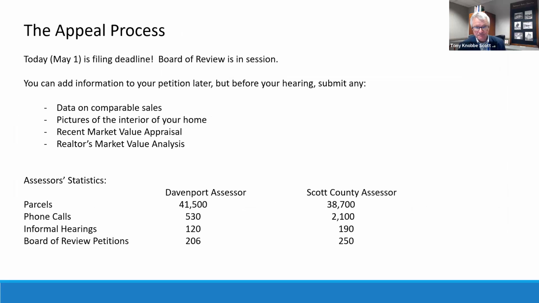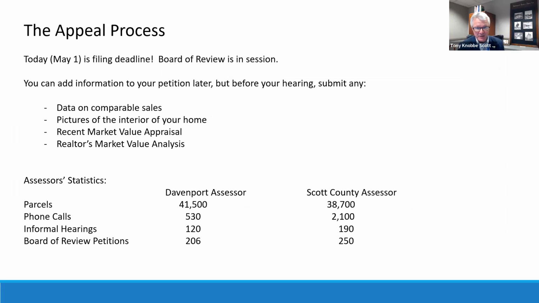So I did talk about that appeal process. I thought I'd share with you a couple pieces of information about that. Today is the final day to appeal to those boards of review. Even though they've started listening to hearings today, my understanding is you can still submit for an appeal.